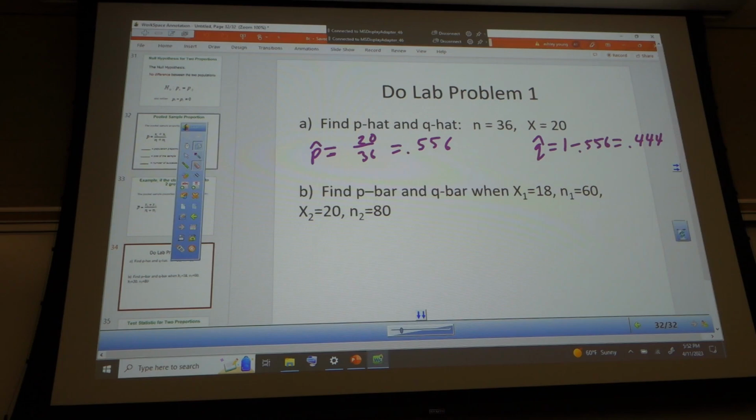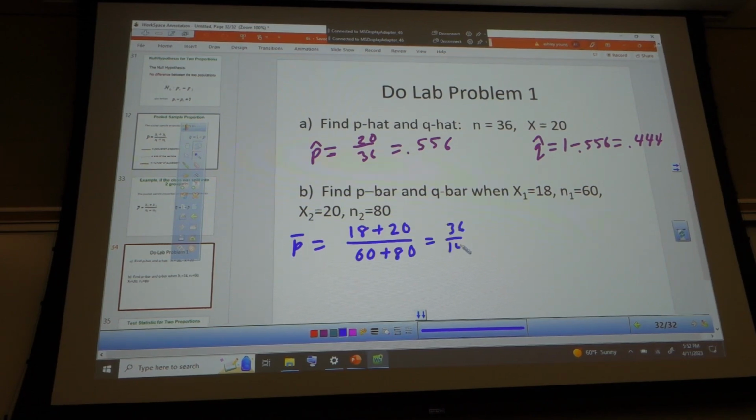And then you had P bar and Q bar. So P bar is you take your successes, 18 plus 20 successes, out of a total of 60 plus 80 people, and you end up with 38 out of 140. Sorry, I did it last class too.